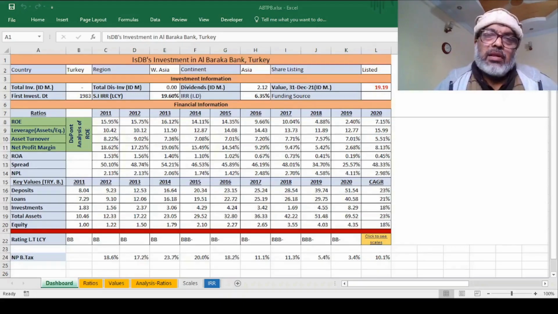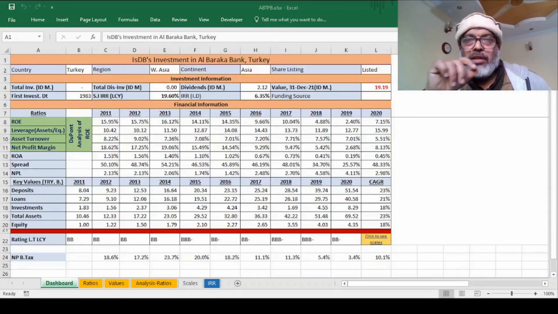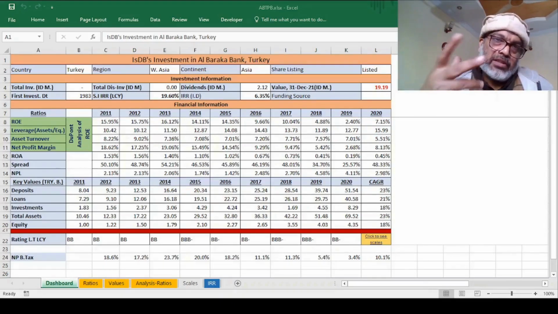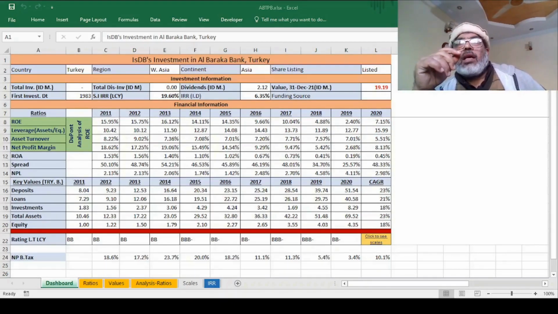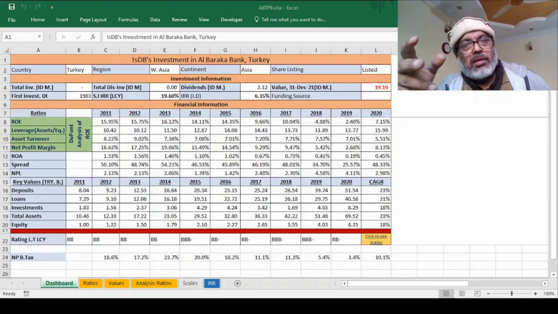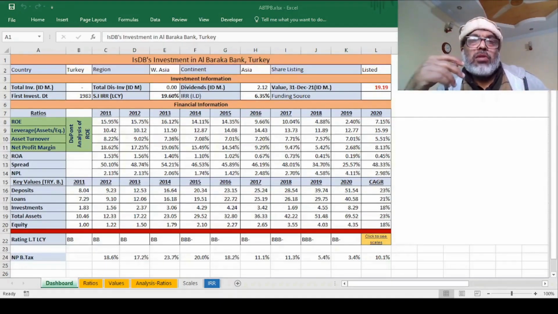analysis. CAMEL stands for C for capital adequacy, A for asset performance, M for management capability, E for earning performance, and L for liquidity.